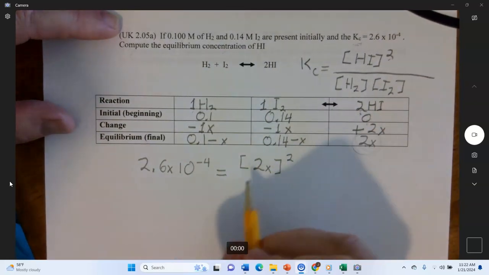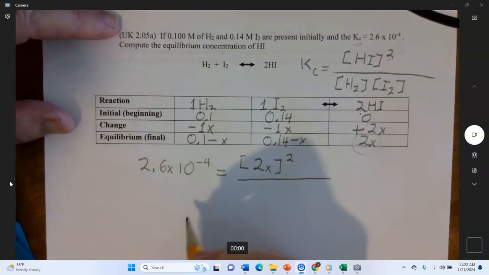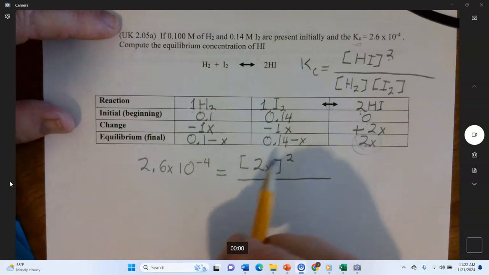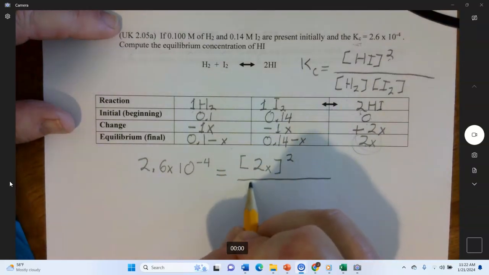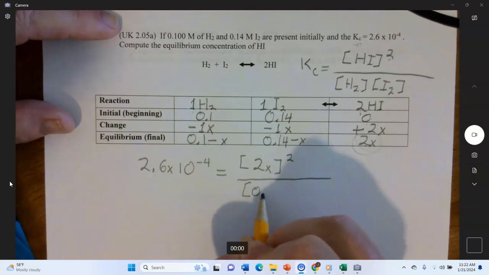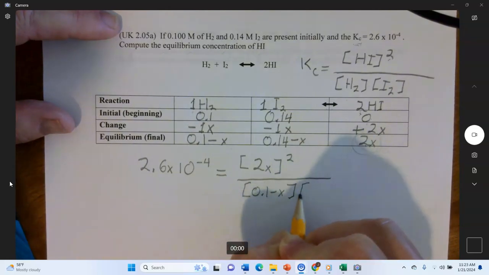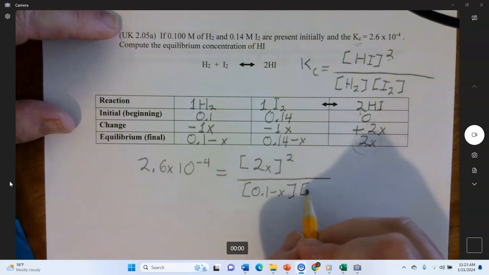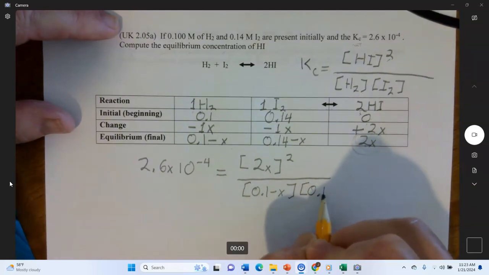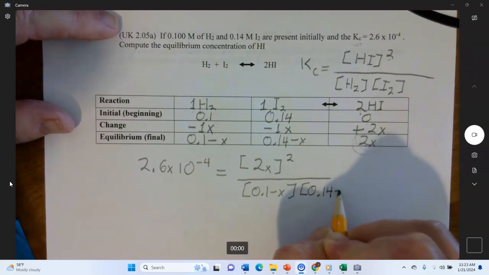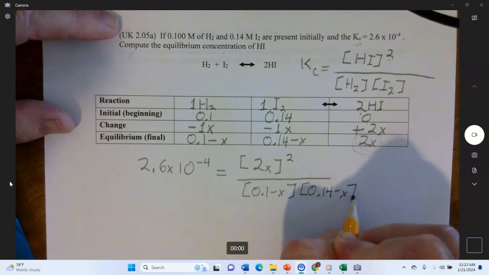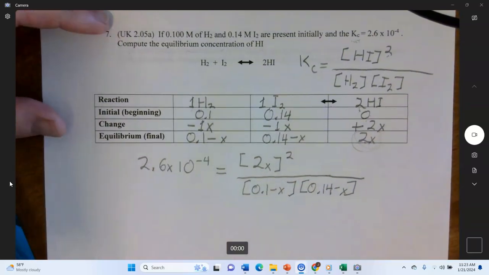So you do write it in both places. Divided by, now in the denominator, we have H2, and you have I2. Okay, so there's your algebra equation.